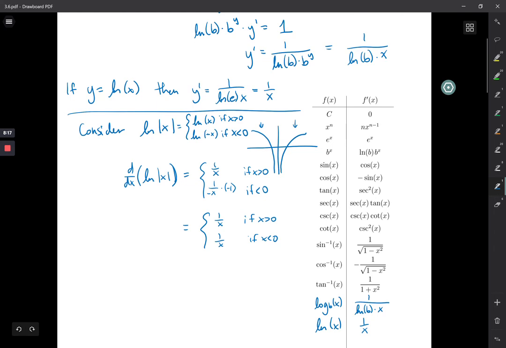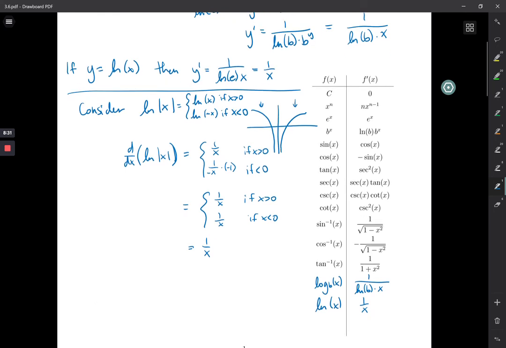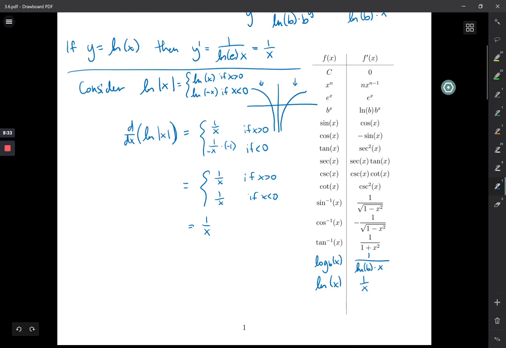And it turns out that 1 over x is defined for all of these values except at 0, so this is really just a more complicated way of writing the function 1 over x. Okay, so we get that the derivative of natural log of absolute value of x is also equal to 1 over x. So I'll put that in here.